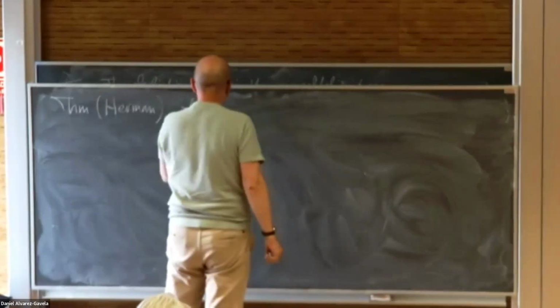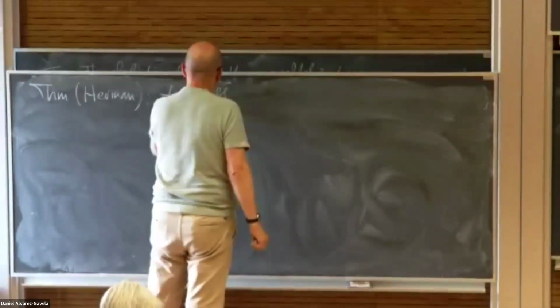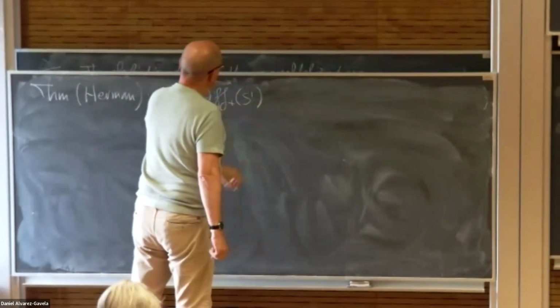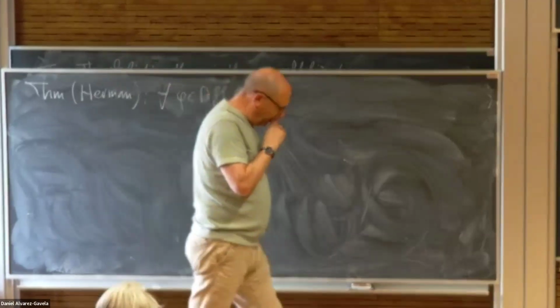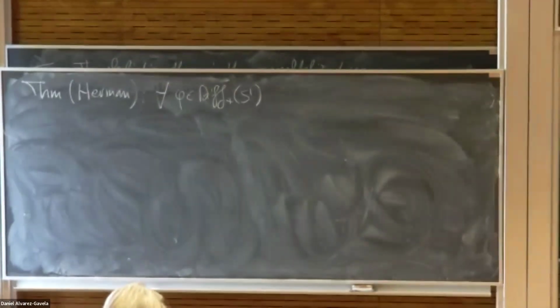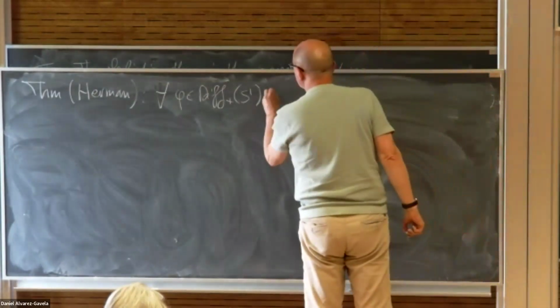Every orientation preserving diffeomorphism of the circle is a product of a rotation by a conjugate of a rotation.